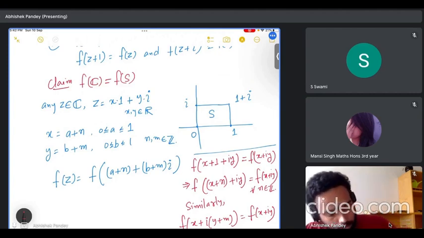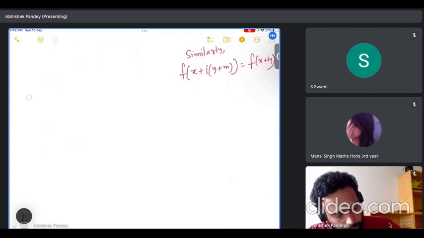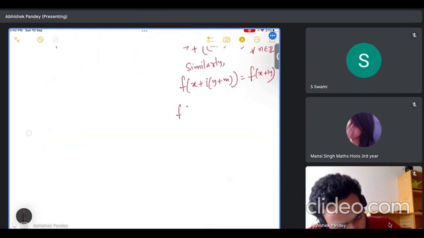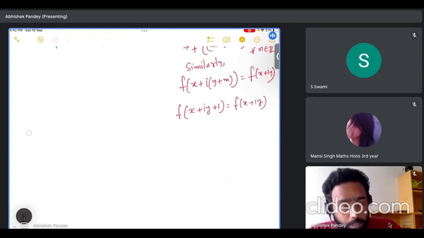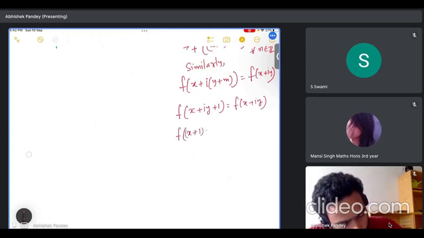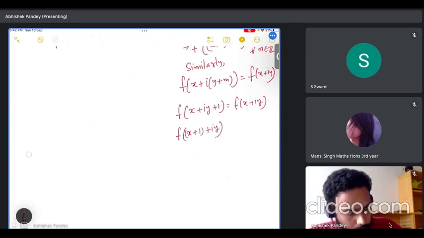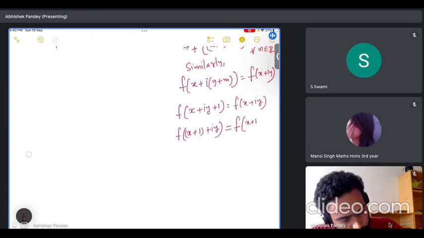Let me write down the details. f of x plus iy plus 1 is equal to f of x plus iy by the assumption. And this is f of x plus 1 plus iy. This will be f of x plus 1 plus iy plus 1.